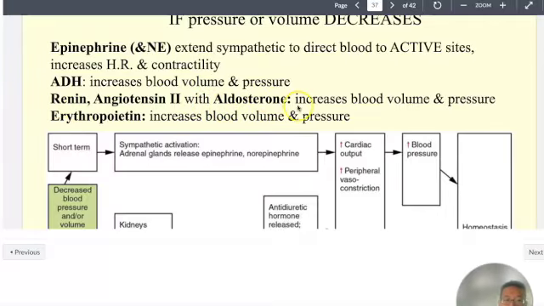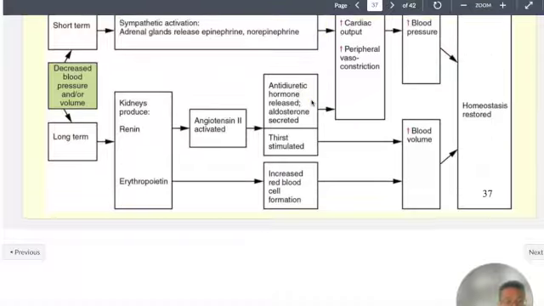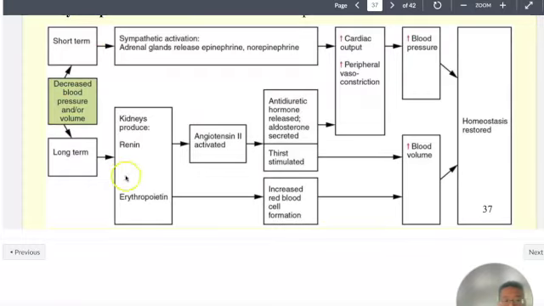These all go into action. Erythropoietin could be because of a decrease of blood pressure caused by bleeding or whatever, and then your body will make more red blood cells, which will increase the volume. So this is a whole chart of what happens, again for homeostasis restoration.